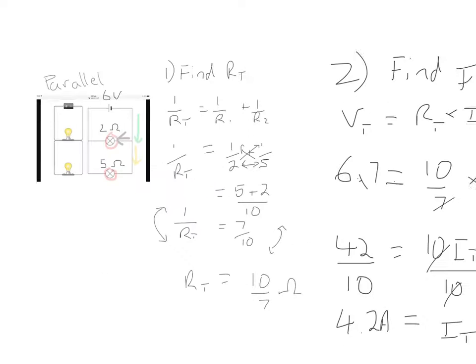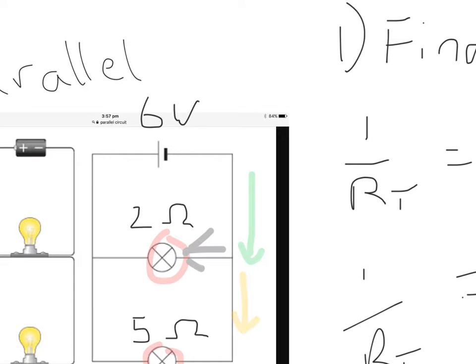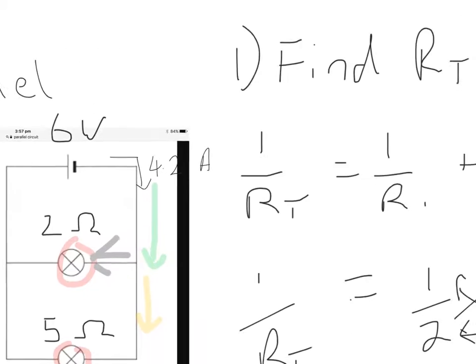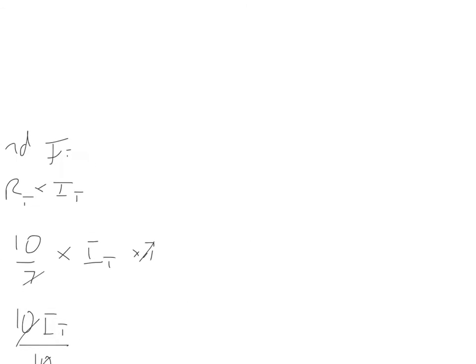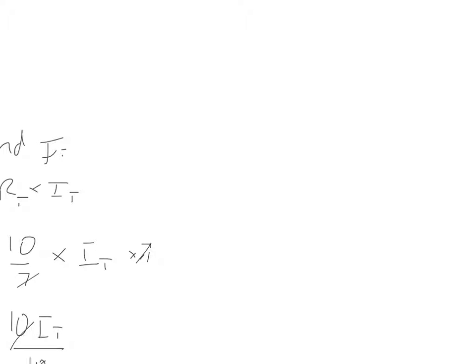Which means, I'll just take us back to the diagram. This value here is 4.2 amps. Now, let's go back to our working. Let's say I was asked to find the I1, which is the current through resistor 1.